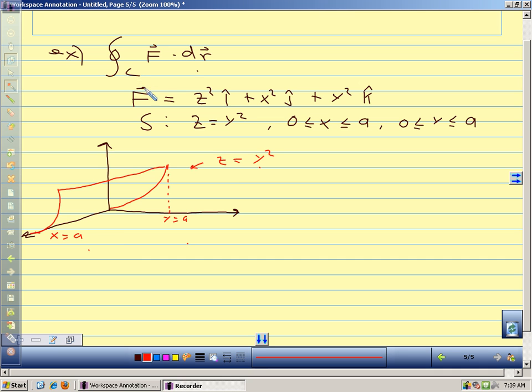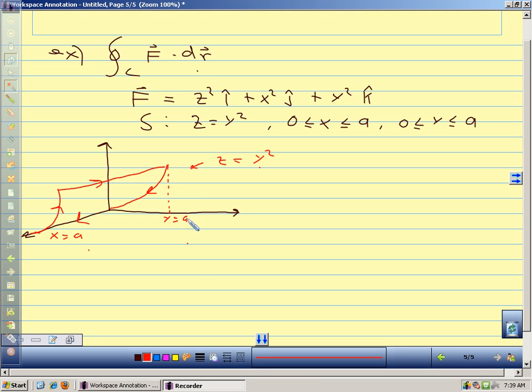Now to evaluate this line integral, if we wanted to evaluate the line integral around this boundary, we would have to evaluate a line integral here, here, here, and here. It would require 4 line integrals. We would have to parameterize each segment of the line integral separately and evaluate all 4 of the line integrals to find this quantity.